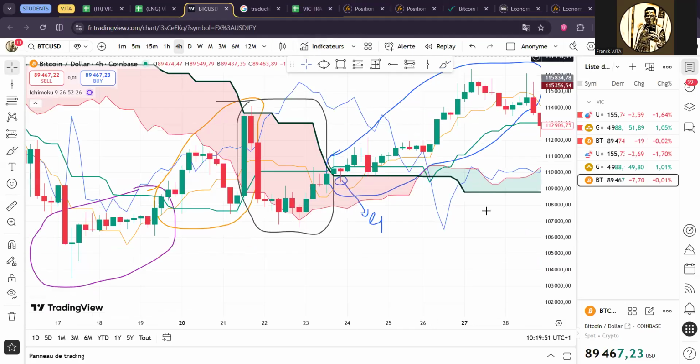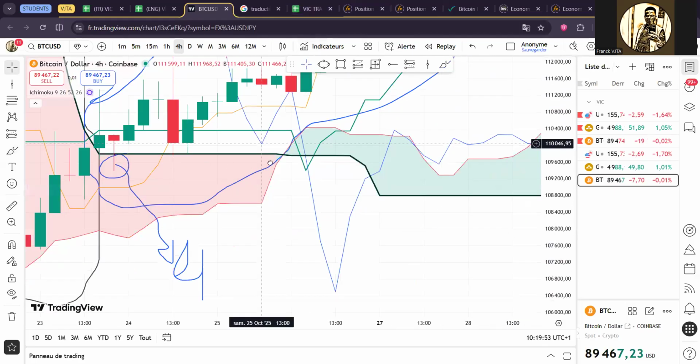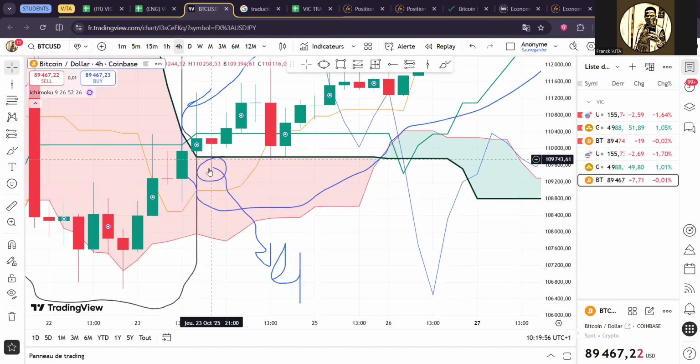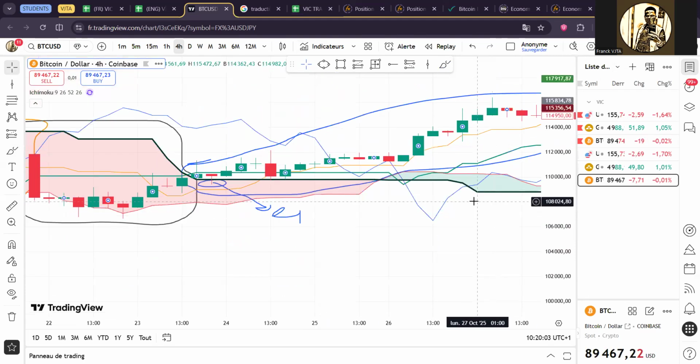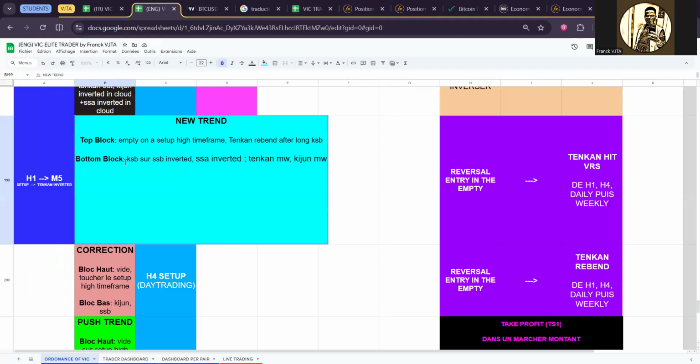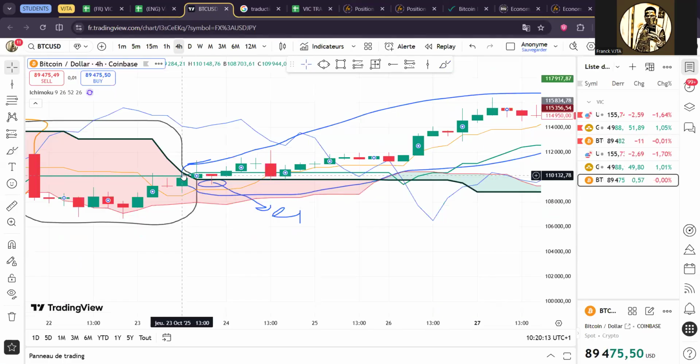Why is this the bottom? See, when Kijun went out of SSB, this candle touched SSB inverted. That's the lowest point of this whole transition, right? That's what I'm talking about here. So we had the Kijun going above SSB, and then SSB inverted here.